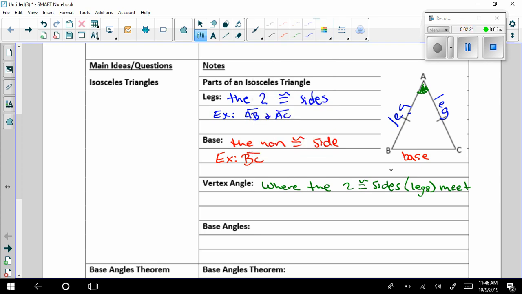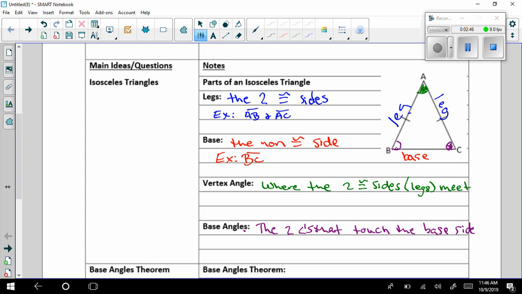Okay. And then your base angles are the other two. So the two angles that touch the base side. Right, so they're touching the base right here. This one's touching the base right here.